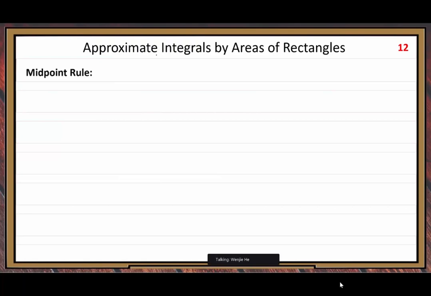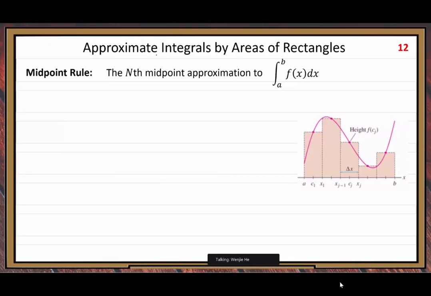This time, the method we call the midpoint rule. So in the midpoint rule, we approximate the given integral using a different scheme.